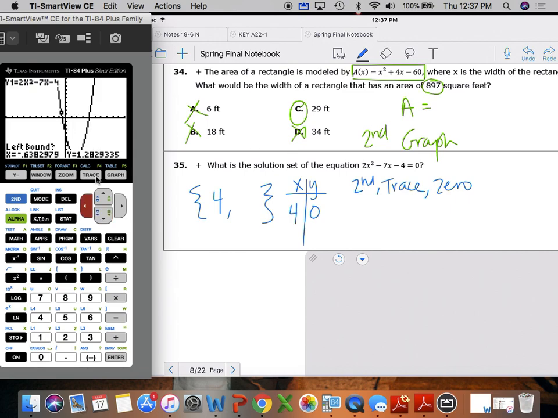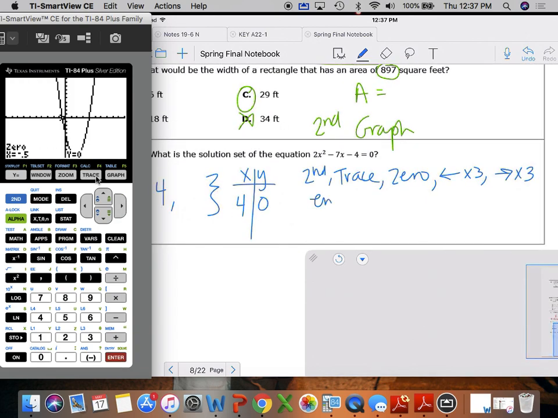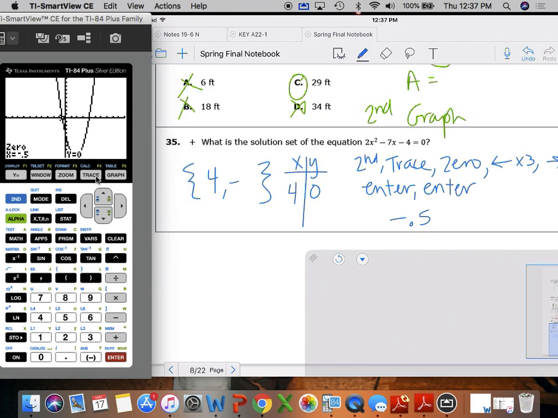It says left bound, so I go to what I want, slide to the left, so I hit the left arrow 3 times, and click enter. Go back to what I want. It says right bound, so I go to the right 3 times, enter, enter. And my other 0 is at negative 0.5.